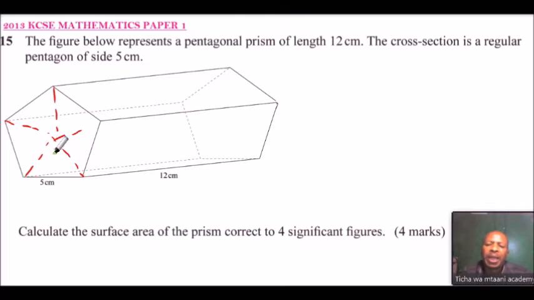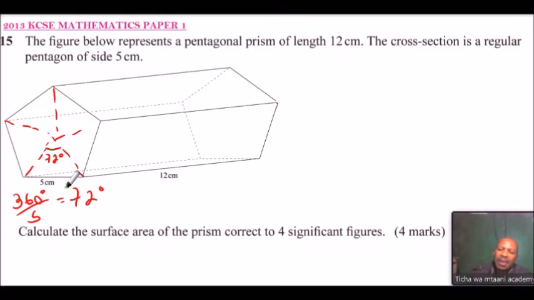So it means we can get this angle because we can divide 360, the whole of this angle, by 5 triangles, that will give you 72 degrees. So this angle here is 72 degrees.